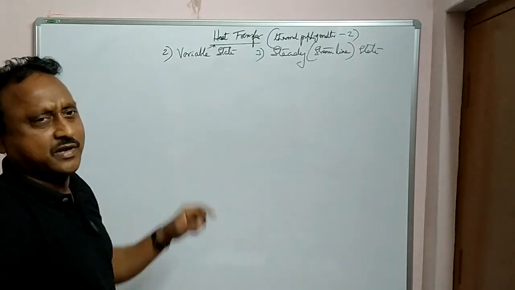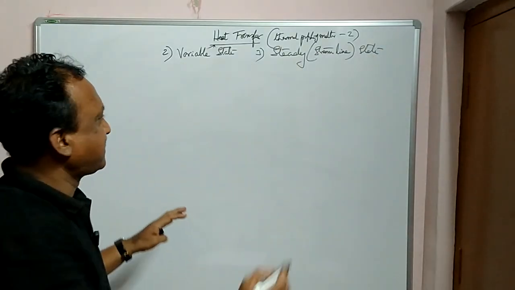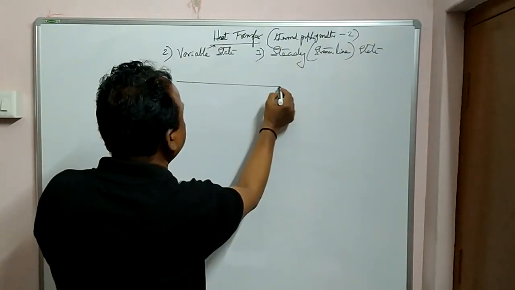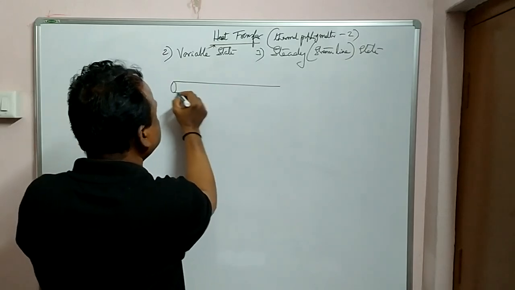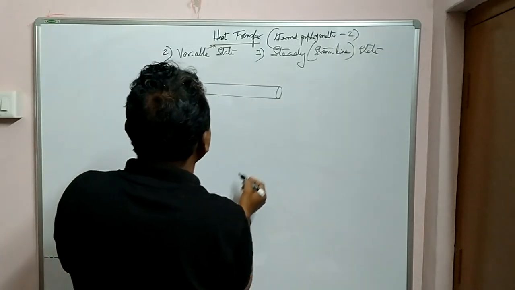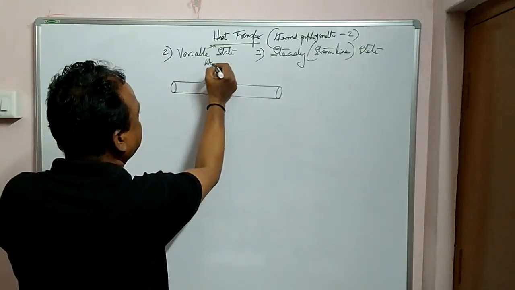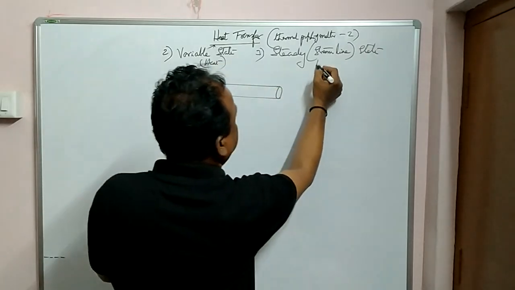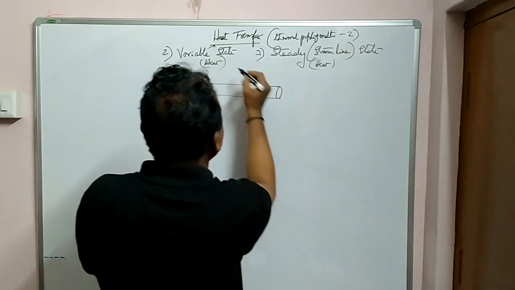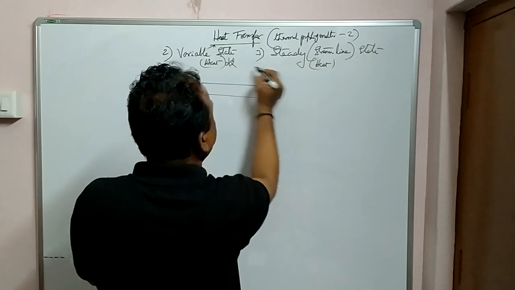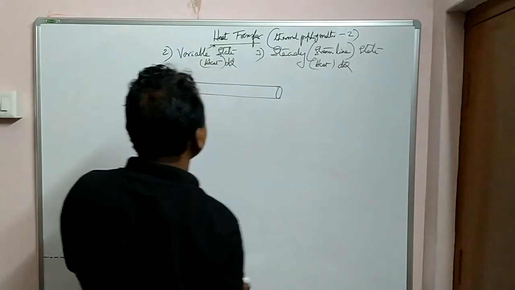Now what is variable state and steady state? We will try to understand by giving some examples. For example, this is an iron rod. Variable state of heat, in other words. Steady state of heat, that is Q or dq of heat.